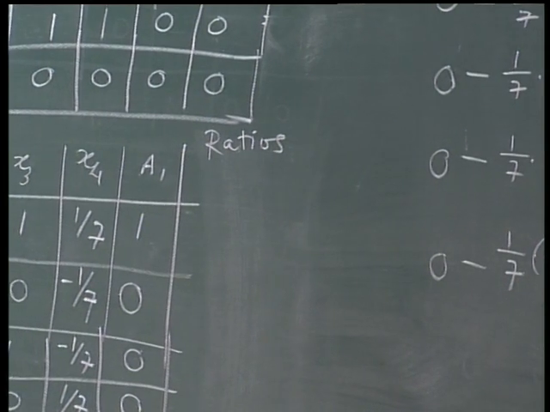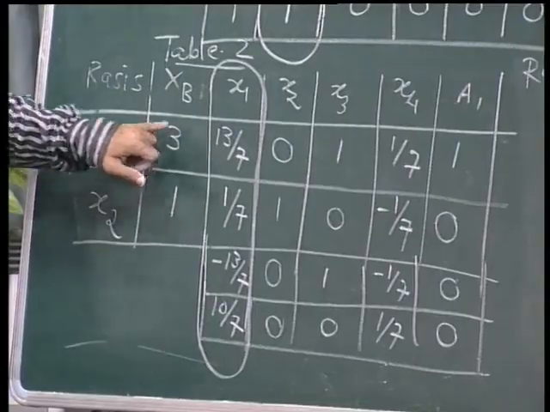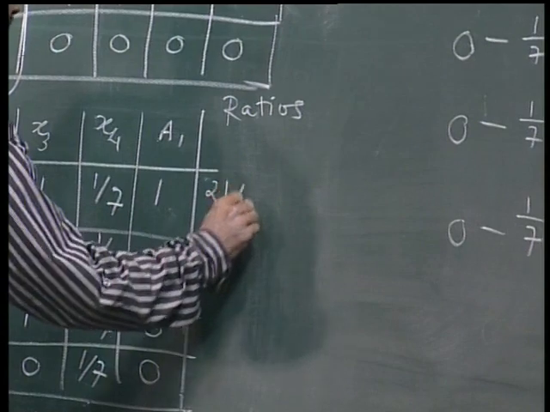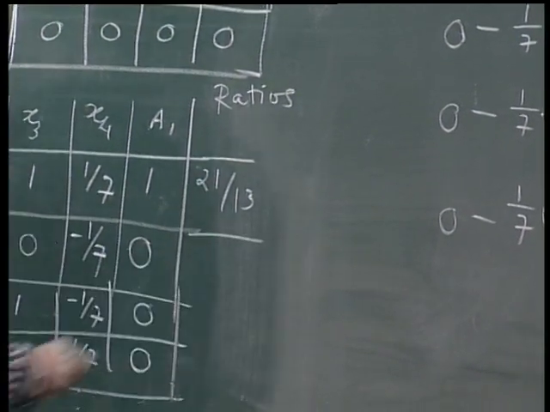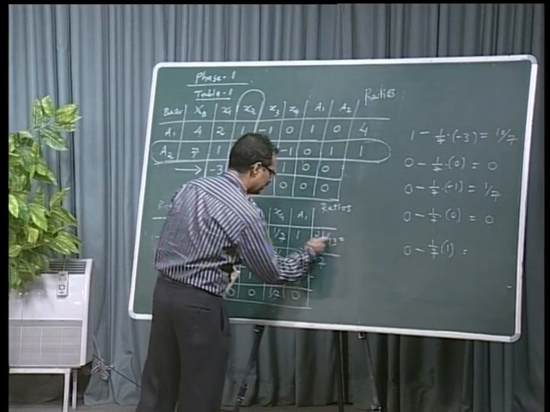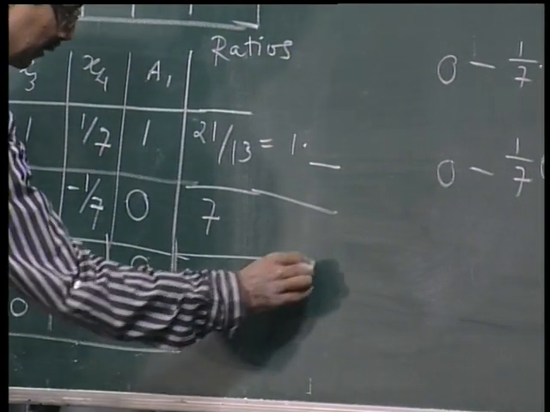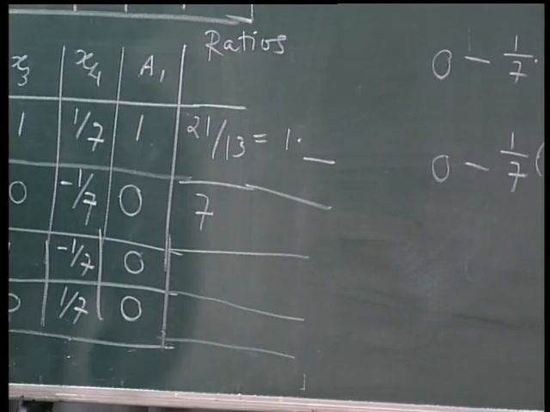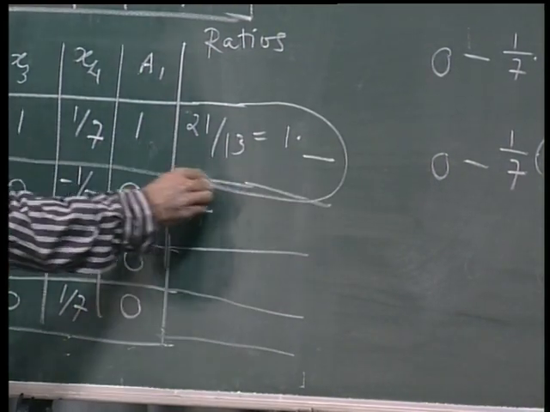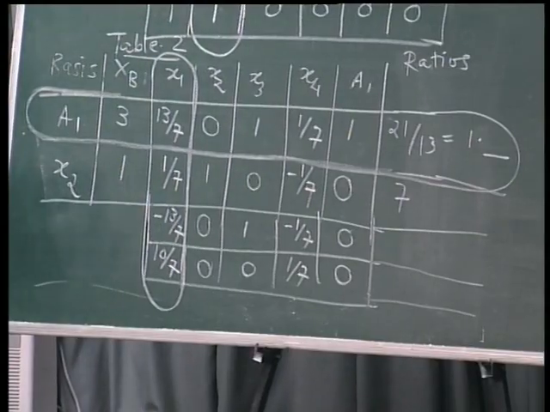So, if we continue with this, 3 divided by 13 by 7, so it is 21 by 13. Then 1 divided by 1 by 7 is 7, 21 by 13 is not even 2, it is 1 point something. Okay. So, we select the smallest positive value, this is 1 point something and this is 7. So, naturally 1 point something is the smallest positive value. Okay. So, this is selected.